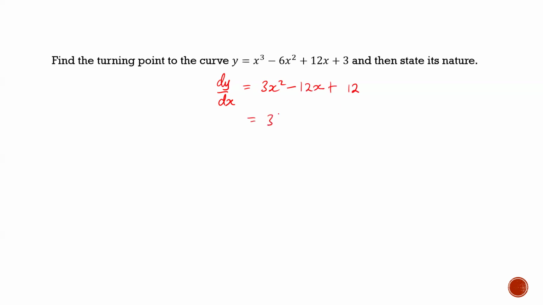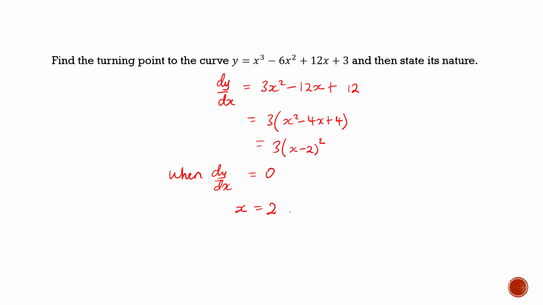And you know that this is 3 times x squared minus 4x plus 4. So in fact, 3 times (x minus 2) all squared. For turning points, dy/dx has to be 0. And so when dy/dx is 0, our x will be 2.